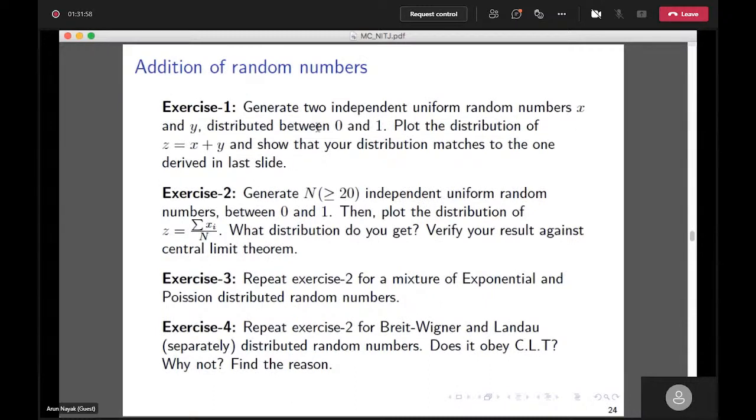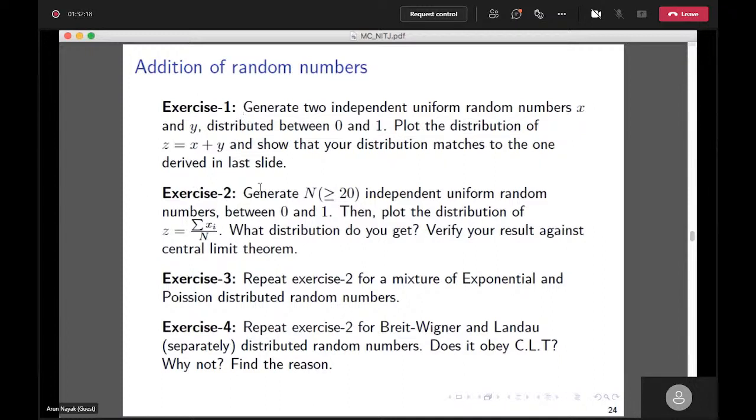So these are the exercises you can try to do. Generate, say, two independent uniform numbers x and y distributed between 0 and 1, and then plot the distribution of z. You should see that it matches the one that we derived in the last slide. It should be a triangular distribution.